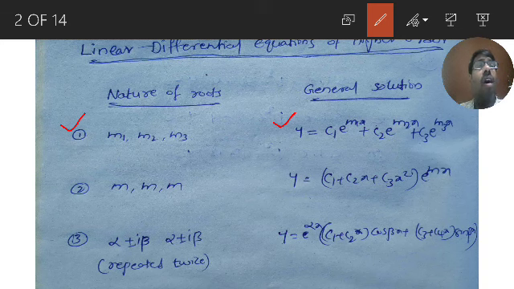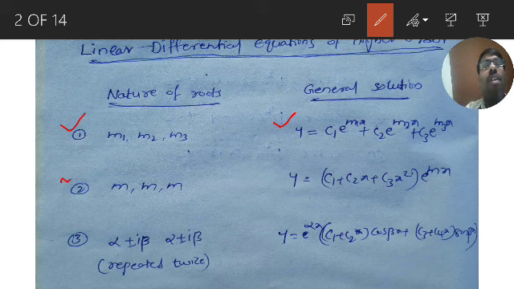Now we see the second case: real and equal roots. In the two root case in the previous class, if two roots are equal, we wrote the general solution y equals c1 plus c2 x into e to the power mx.